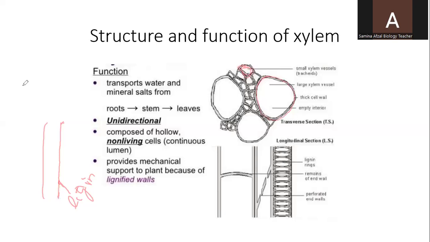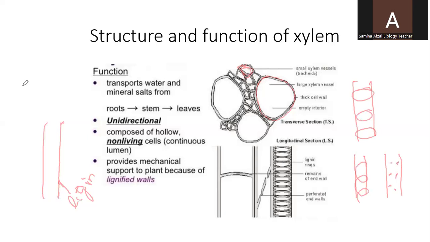So lignin is deposited in many ways. In some it is in the form of circular rings. In one, it is in the form of a spiral ring, and in the form of pits. And where the pit is there, there is no lignin.